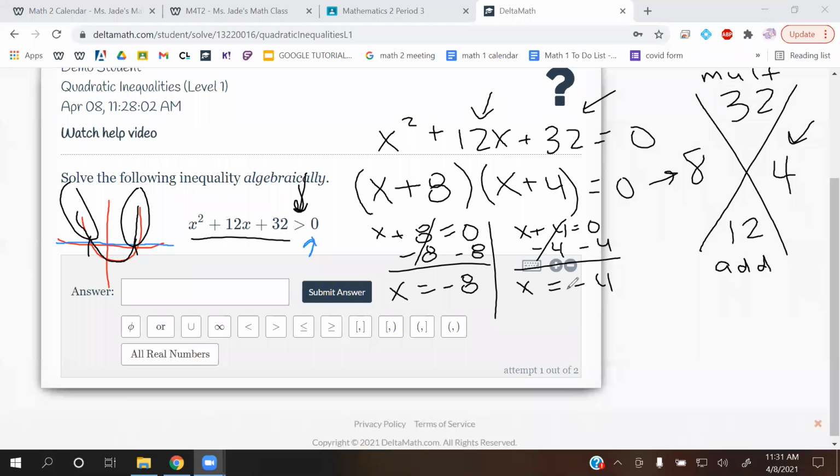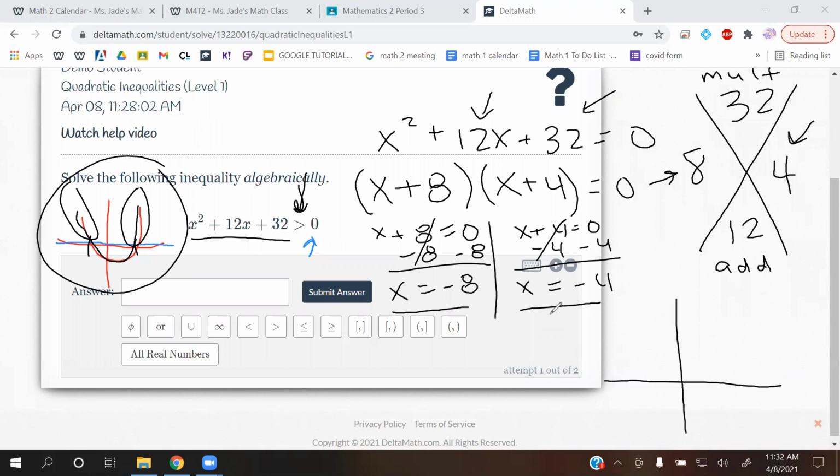All right, so what are these numbers that we just found, x is equal to negative 8 and x is equal to negative 4? Those are actually the intercepts of our graph. So I'm going to regraph this one. Negative 8 is over here, and negative 4 is over here. I know it's not drawn to scale. It doesn't need to be. We're just sketching it. And your graph's going to look something like this.